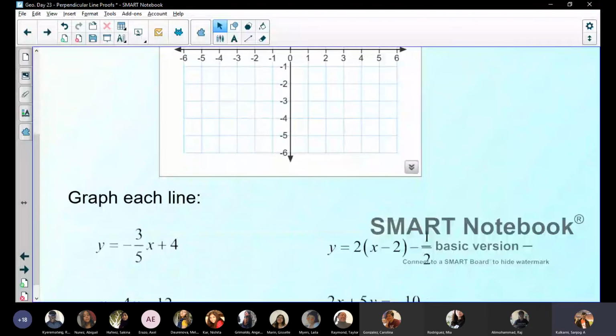So the first one, they're asking us to graph y equals negative 3 over 5x plus 4. Here we know the y-intercept is 4 and the slope is negative 3 over 5. Let's use these two and graph.